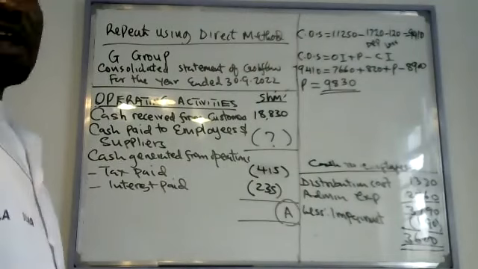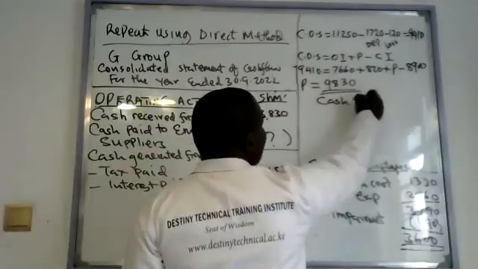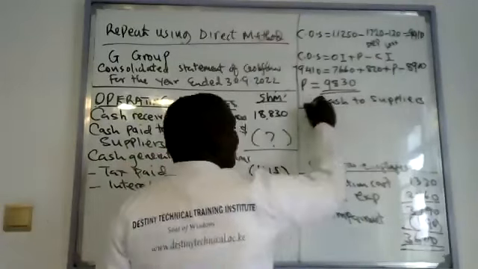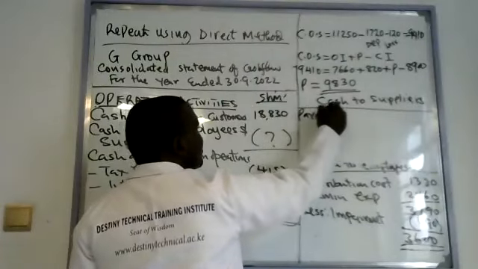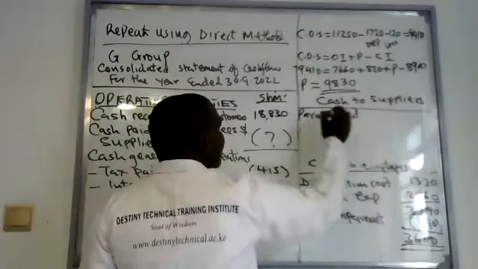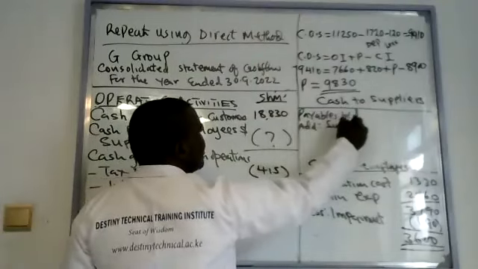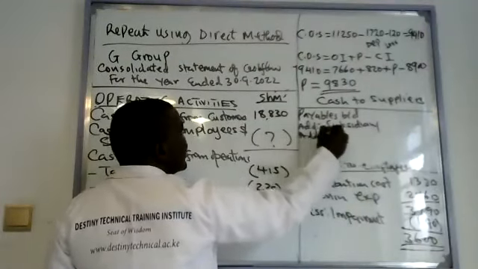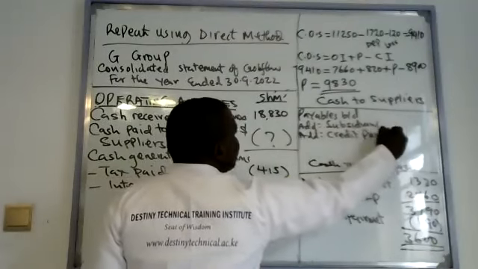So P is 98.30. So to get cash to suppliers, this is what you do. You take payables written down, you add subsidiary, you add credit purchases.